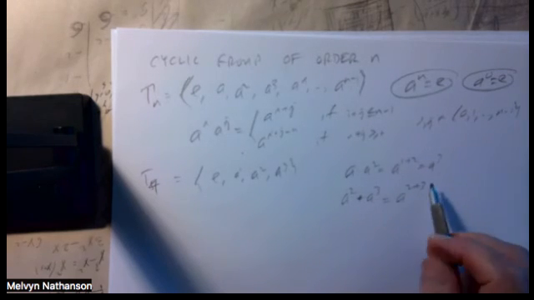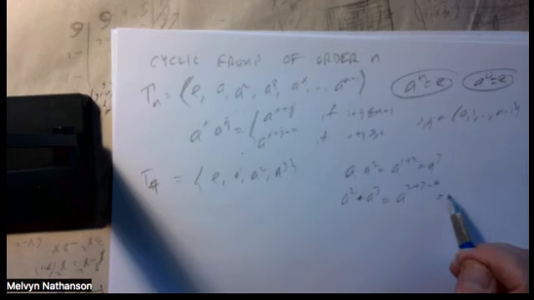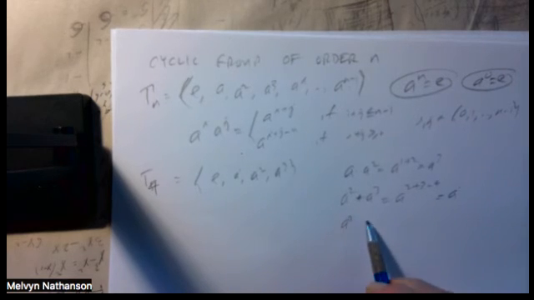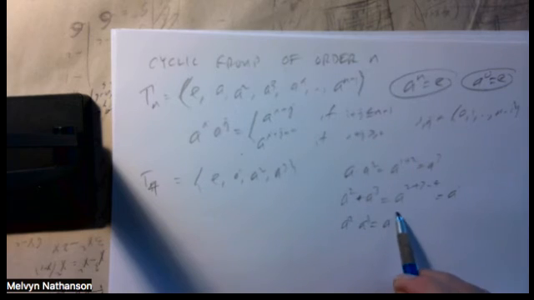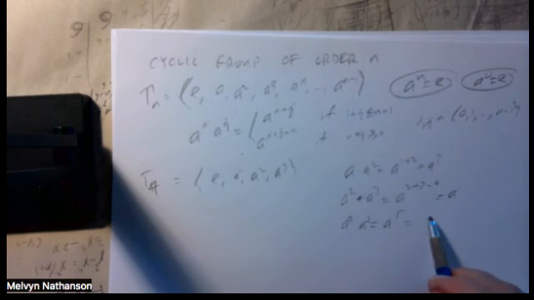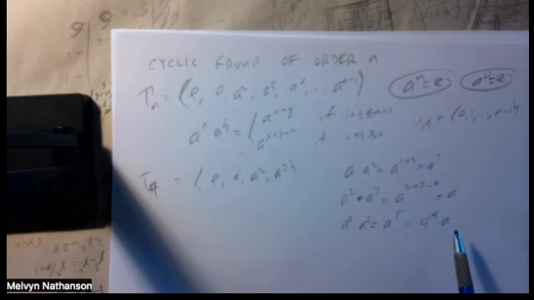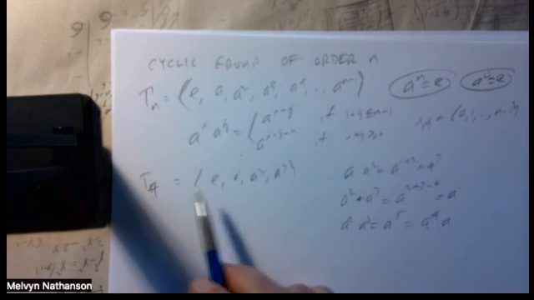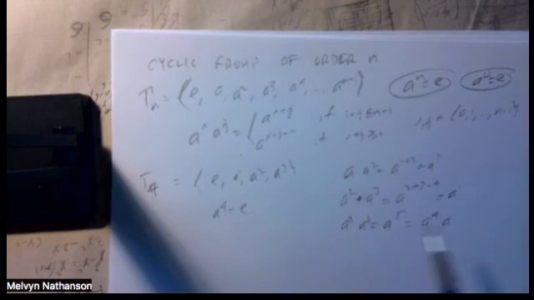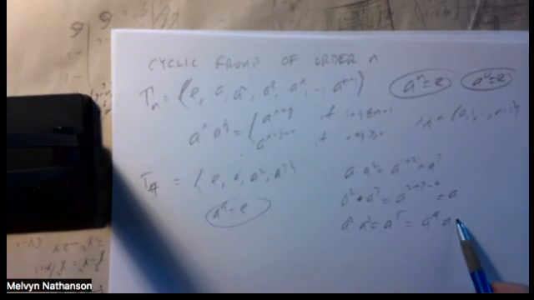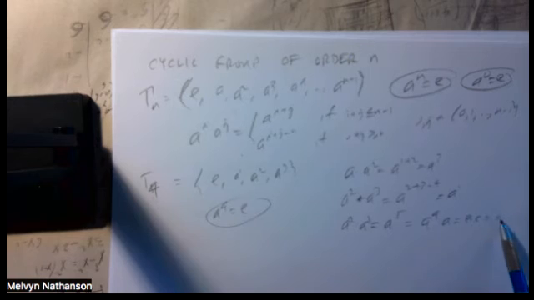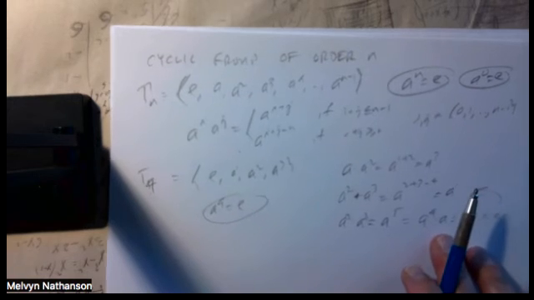But 5 is bigger than 4, so you have to subtract 4. So that's a to the first power. Or if you like, a squared times a cubed is a to the 5th, but a to the 5th is a to the 4th times a. And in a cyclic group of order 4, a to the 4th is the identity. So this is just the identity times a, or a. It's exactly the same thing.